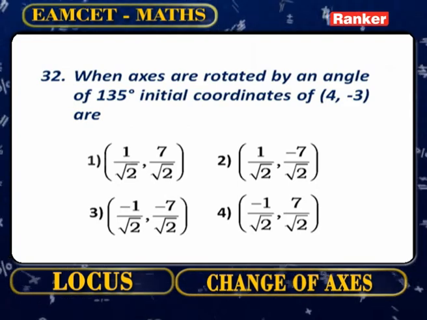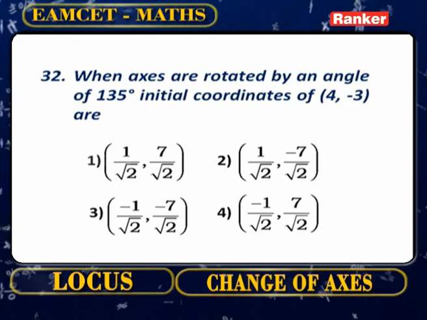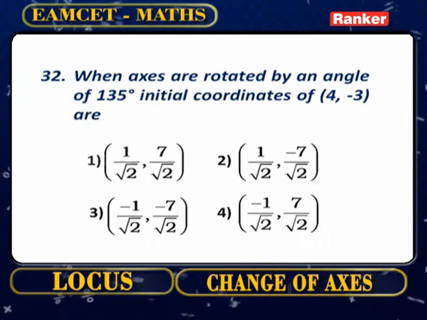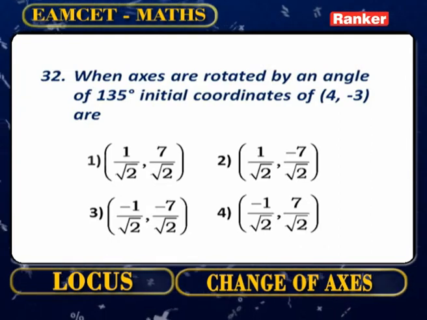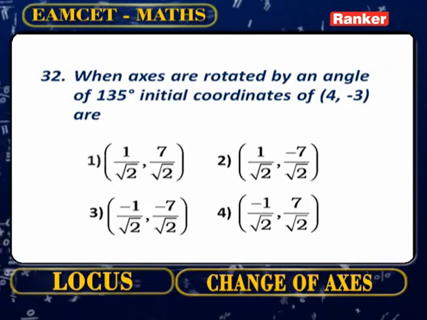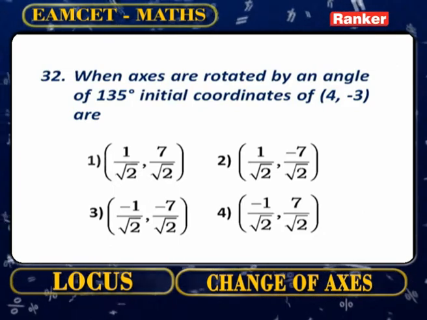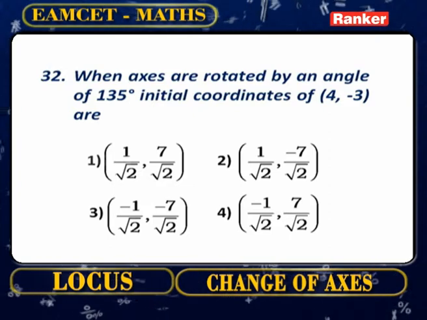When the axes are rotated through an angle of 135 degrees, what are the initial coordinates of the point (4, -3)?